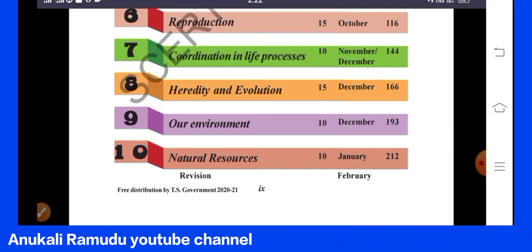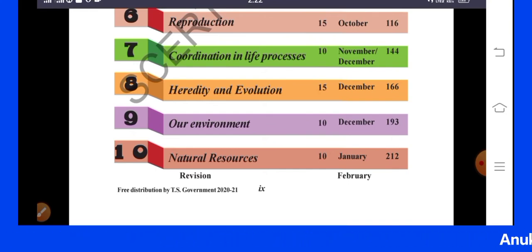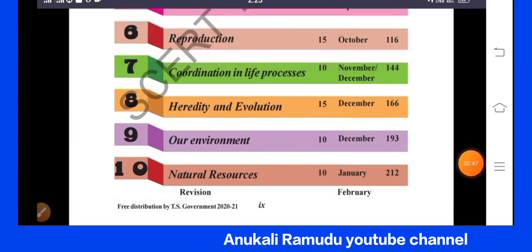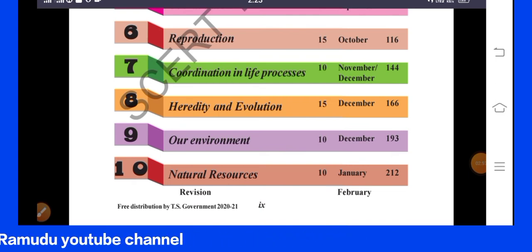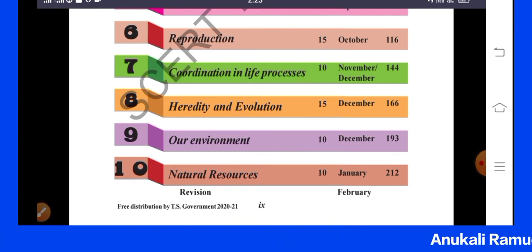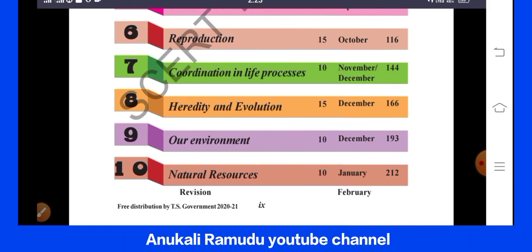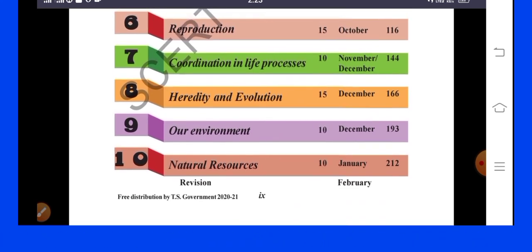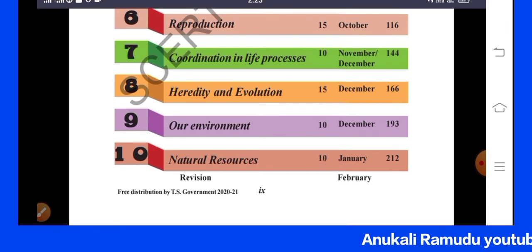So it is most important to know the coordination in life process. Once again keep in your mind what life process means: the basic processes which are helpful to the organism for survival and for perpetuation of its race. For example, nutrition, digestion, respiration, excretion, reproduction. These come under life processes.